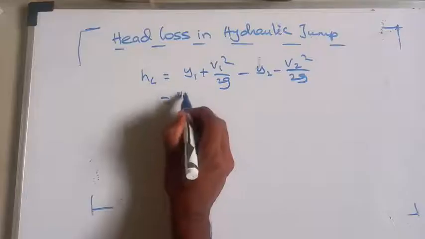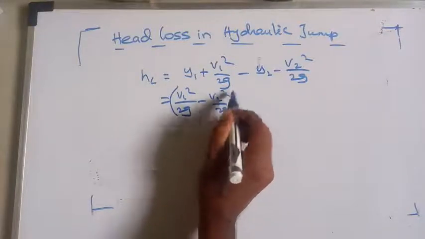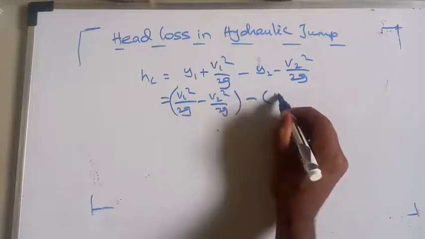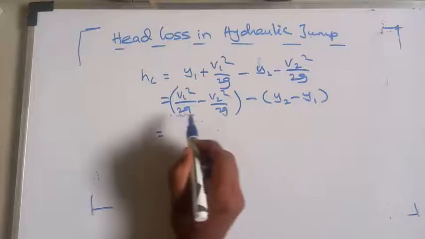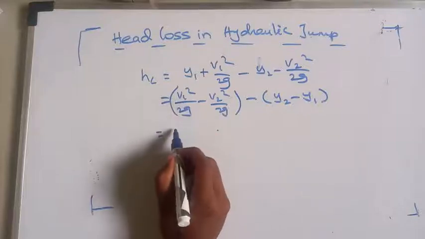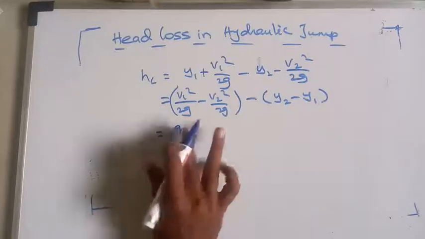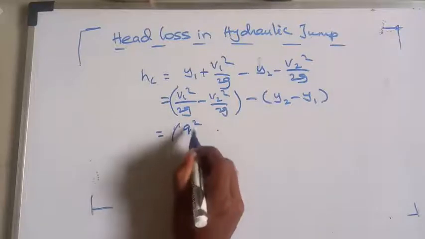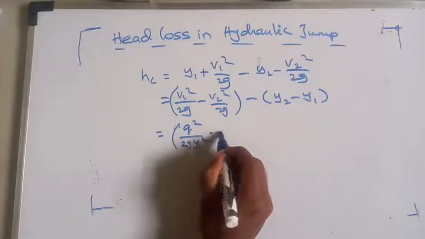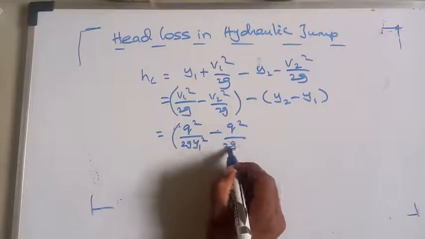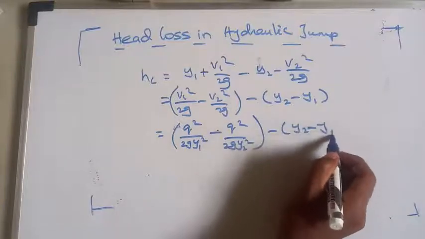Here I am taking v1 square by 2g minus v2 square by 2g on one side, minus of y2 minus y1 on the other side. Okay, I can write v in terms of discharge. If I write v in terms of discharge, q square divided by 2g y1 square minus q square divided by 2g y2 square minus y2 minus y1.